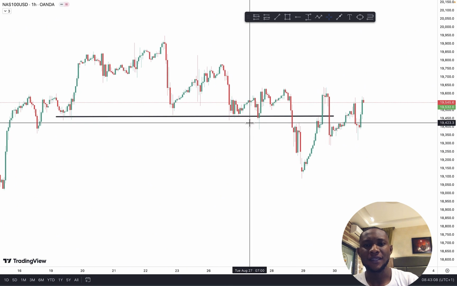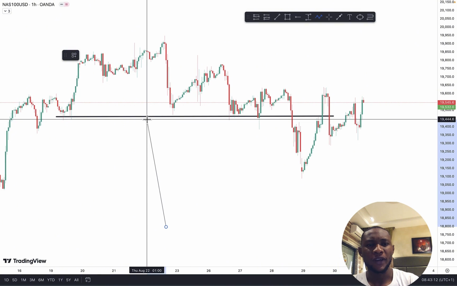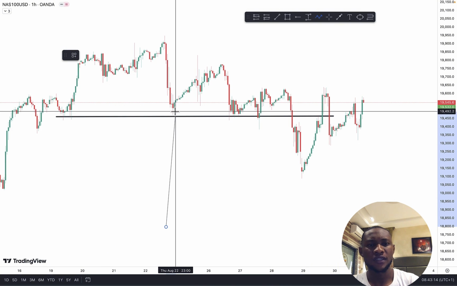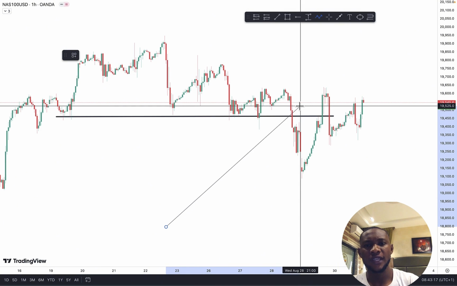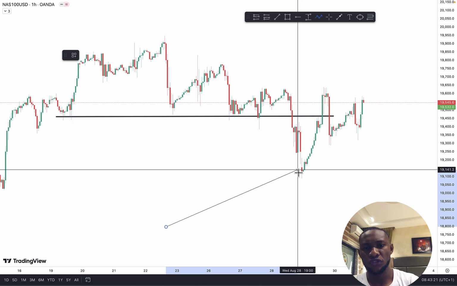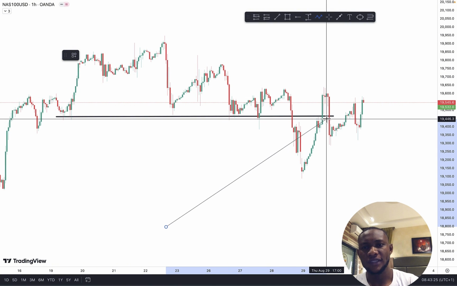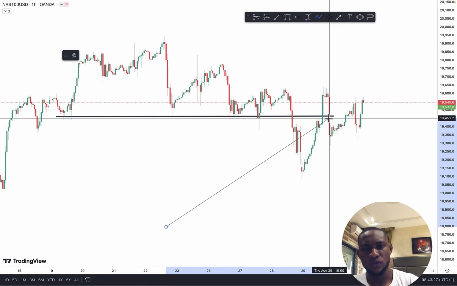So this can be called ICC as well because you have price rejecting here, rejecting here, rejecting here, and then eventually giving you this break here. This can be called indication 2, and this can be called correction 2, and back under this level can be called continuation 2. But why did I not take this trade?